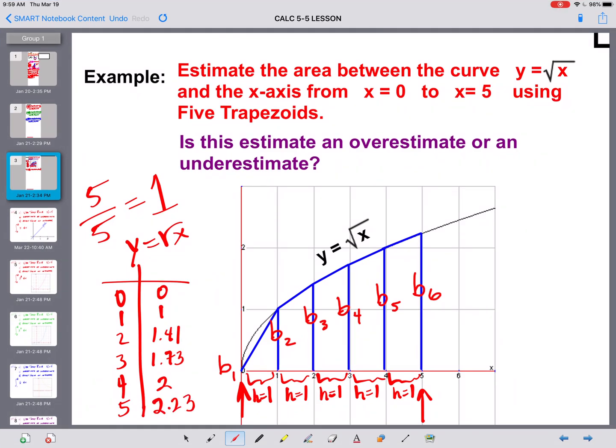Remember, the bases, the length of the bases are the y values. And look at the first one. Yeah, that makes sense. The first base is 0 on that one. Those are the 6 bases. Here they are. Base 1, base 2, base 3, base 4, base 5, base 6. Okay, let's go plug them in and finish it up.